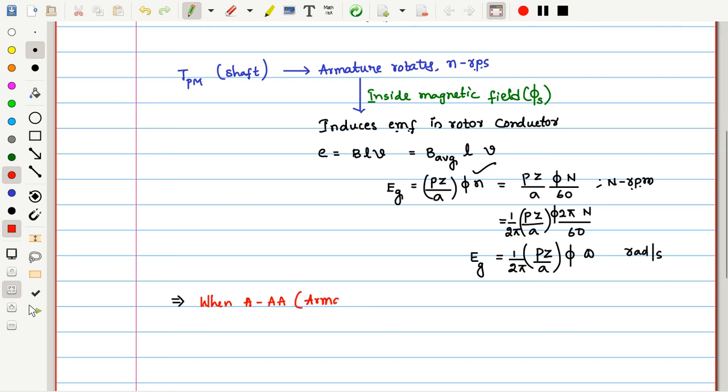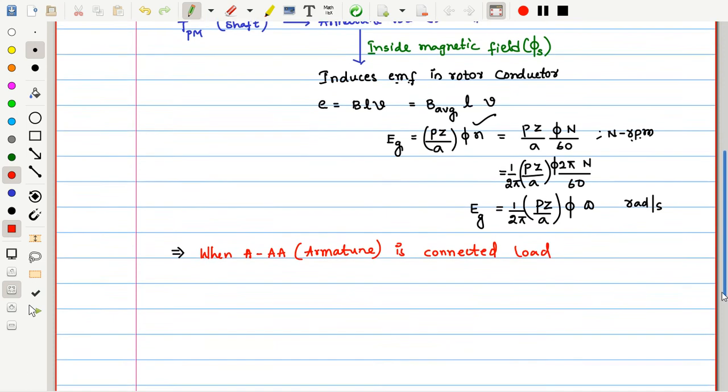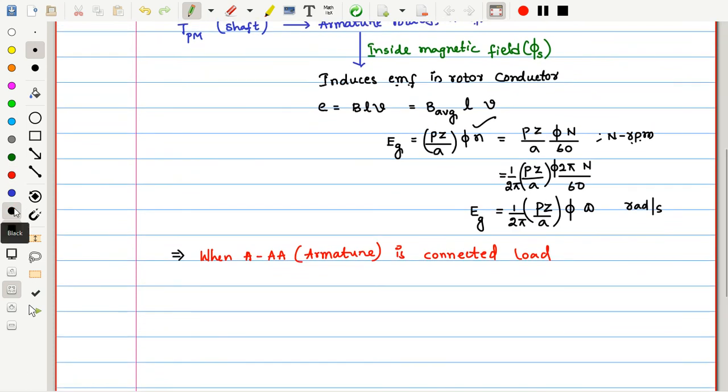It is armature. When the armature is connected with load, you can observe a new phenomenon. What is that phenomenon?